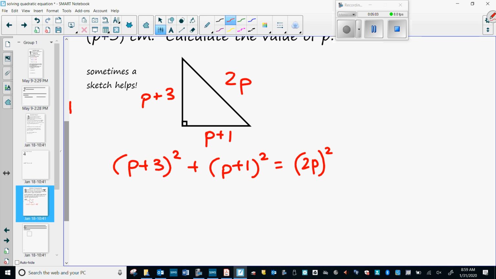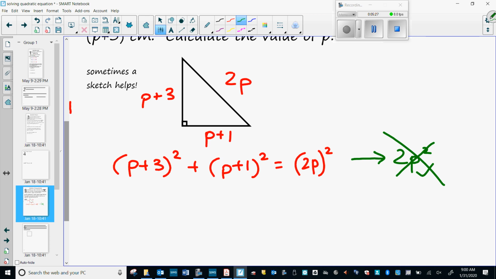The problem if you didn't do this one is that I think a lot of people would have written 2p squared and just left it like that. That would be wrong, because the whole side has to be squared, which means the 2 as well as the p. Yes? Alright, so now I've got some squaring going on.